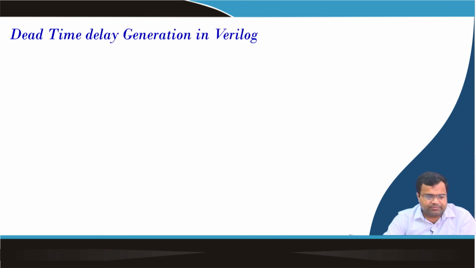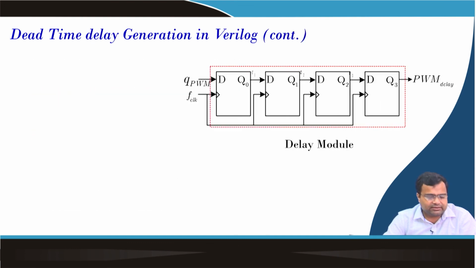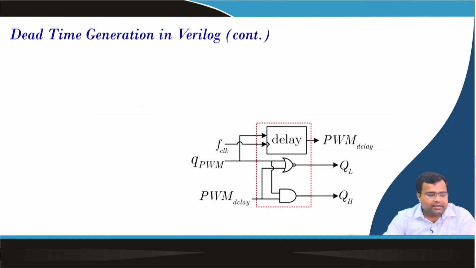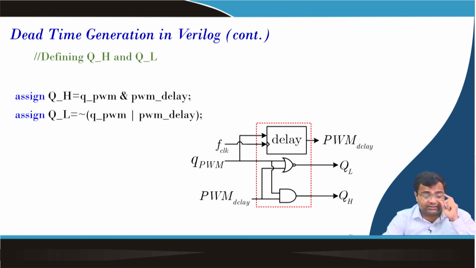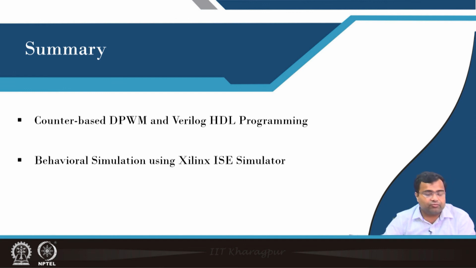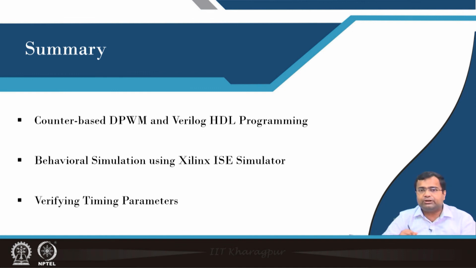We have discussed the dead time circuit and how to generate this delay block. In summary, we have discussed the counter based DPWM Verilog-HDL coding, made behavioral simulation, and successfully tested and verified the timing parameters.